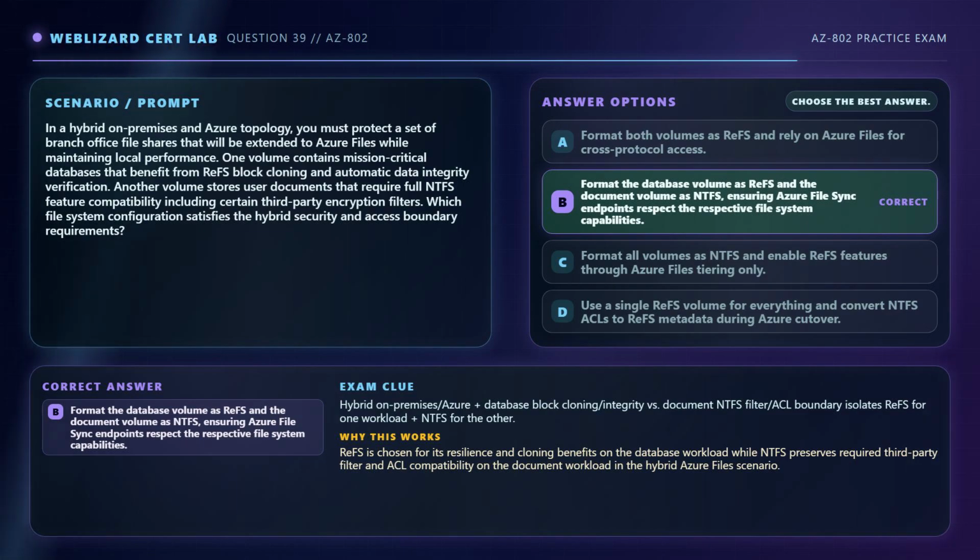Hybrid on-premises/Azure plus database block cloning/integrity versus document NTFS filter/ACL boundary isolates ReFS for one workload plus NTFS for the other.